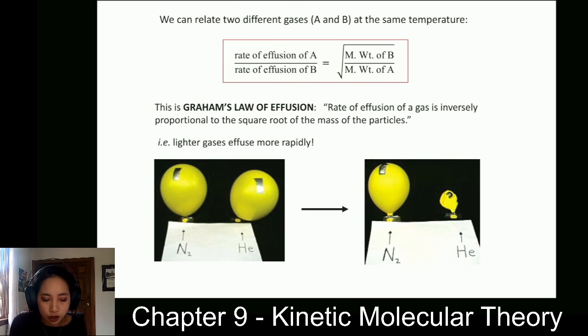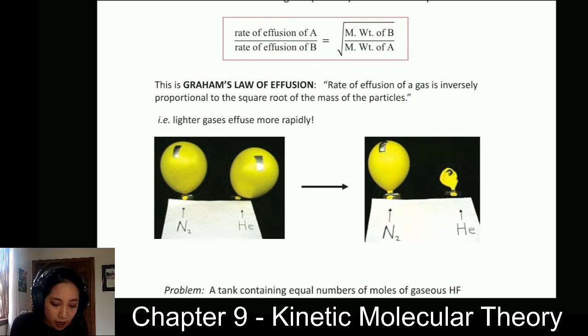In this picture, you see two different balloons: one containing pure nitrogen gas and another containing pure helium gas. If I put a small hole in each of these balloons without popping them, and let's say they have the same amount of gas in them, we'll see that the lighter gas, helium, effuses or deflates faster than the diatomic nitrogen sample.